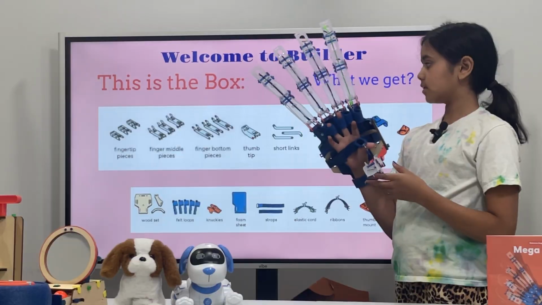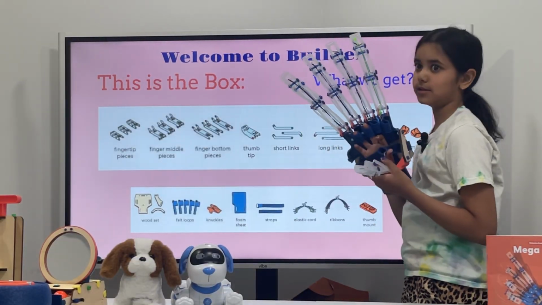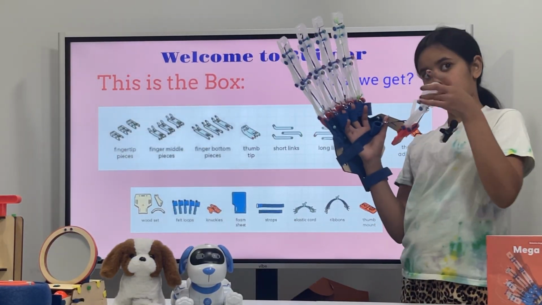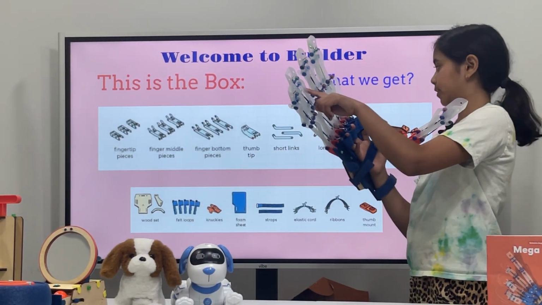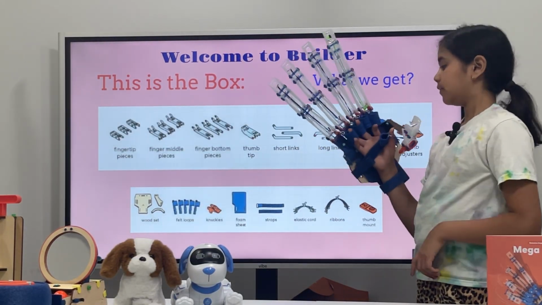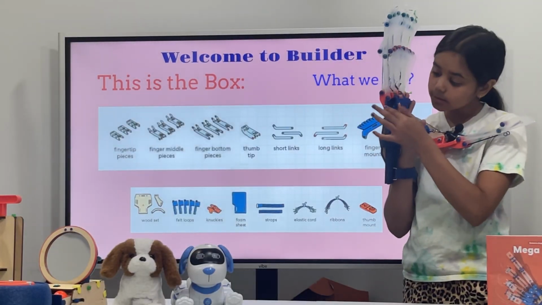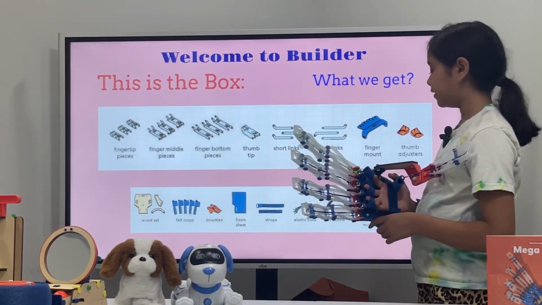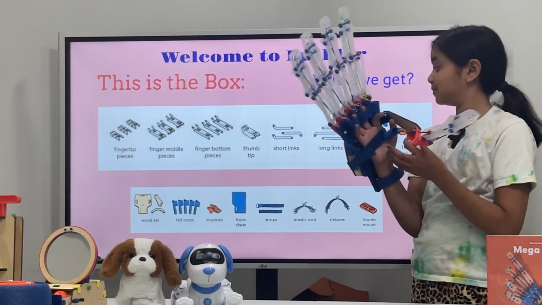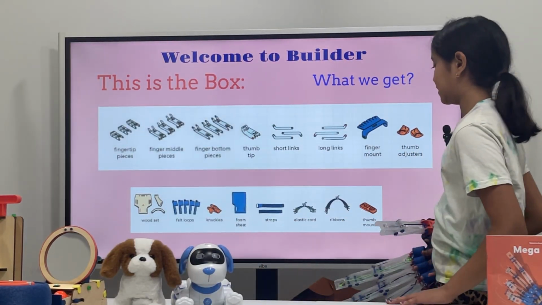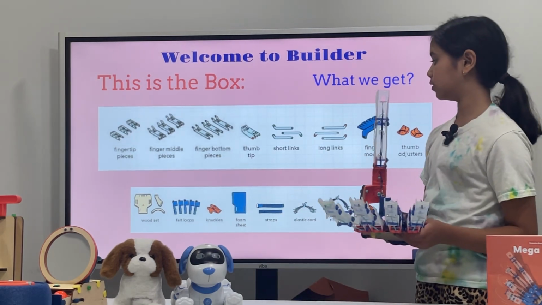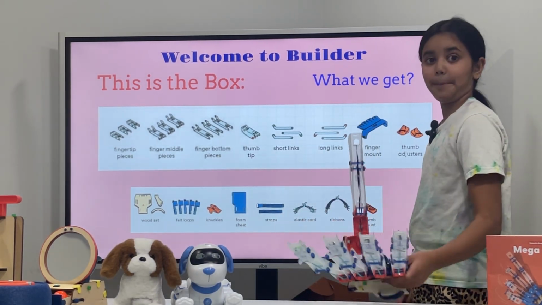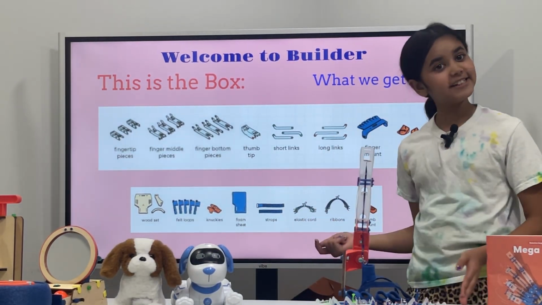Finger middle, finger bottom, thumb. The thumb tip right here. Yeah, so those are the kits. And then the short links are up here. Long links here. Finger mount is in between here. And then thumb adjusters right here. And then here are all the things that you can read yourself. So that's what you get in this crate.